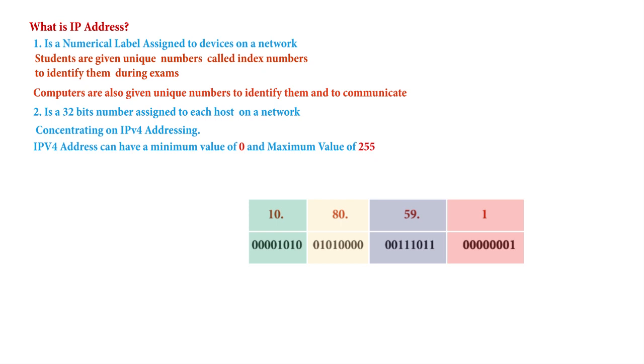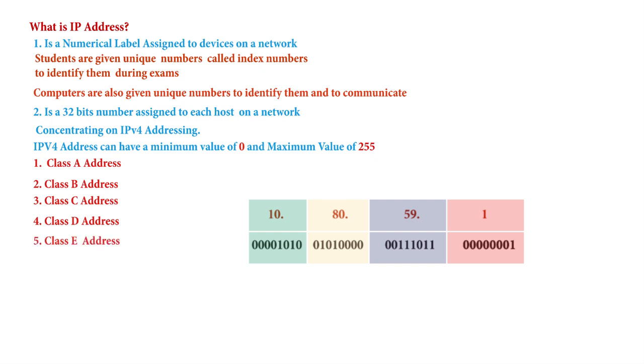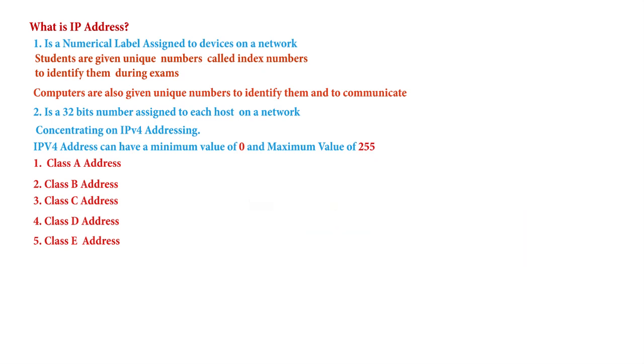Now, explaining further, these IPv4 addresses are classified into 5 classes: 1. Class A address, 2. Class B address, 3. Class C address, 4. Class D address, and lastly Class E address. Delving deeper, let's see how these groupings are done.